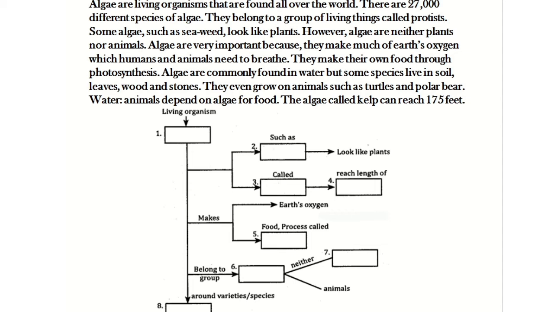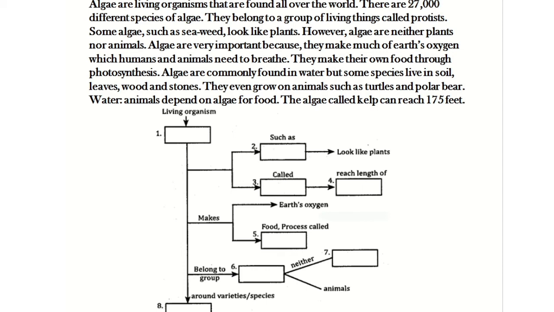They make their own food through photosynthesis. Algae are commonly found in water, but some species live on soil, leaves, wood and stones. They even grow on animals such as turtles and polar bears. Water animals depend on algae for food. The algae called kelp can reach up to 175 feet.